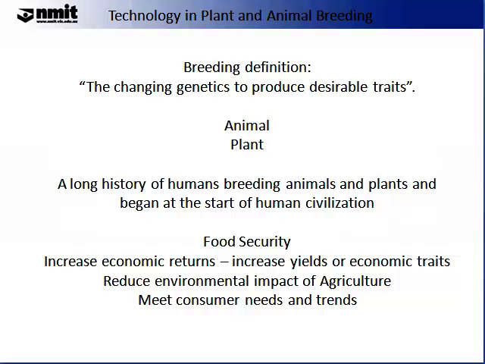The breeding of both animals and plants to improve genetic traits is a very desirable characteristic for humans. We do it for many reasons: for food security, to increase economic returns so we can increase yields or economic traits in our crops, to reduce the environmental impact of agriculture, or simply to meet consumer needs and trends.